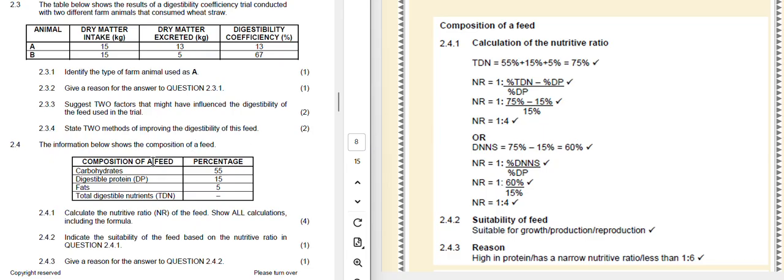Where is my DP? My DP is here somewhere, 15%, all divided by DP, which is 15%. Then I will use my calculator to work out this calculation. If you use your calculator, you will get 4. Then that means my answer will be nutritive ratio is equal to 1 is to 4.